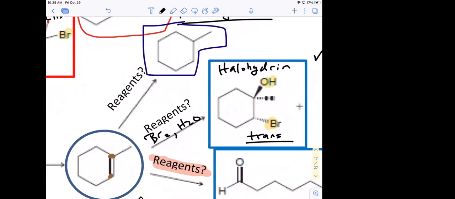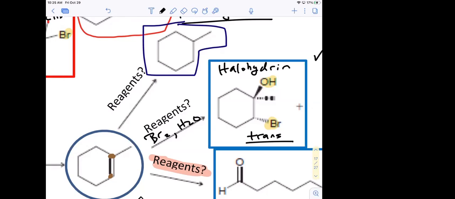Hydrogenation. Good, excellent. So hydrogenation. How do I know that? Because with the alkene, all I did was add a hydrogen to each side, and it converted into alkanes.